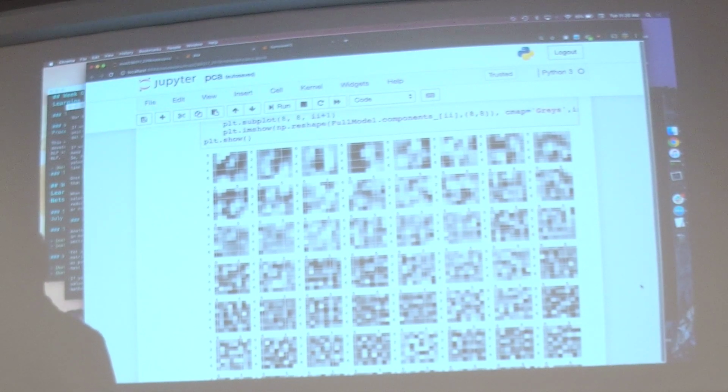This is agnostic to the relationships between pixels, so I'm not putting any information in here. I don't care whether things are adjacent or on the next row or diagonal. I just have 64-dimensional points, linear algebra, do stuff, right? And I get back 64 vectors, and I can use those for dimensionality reduction.